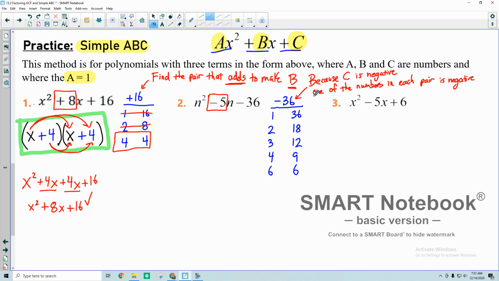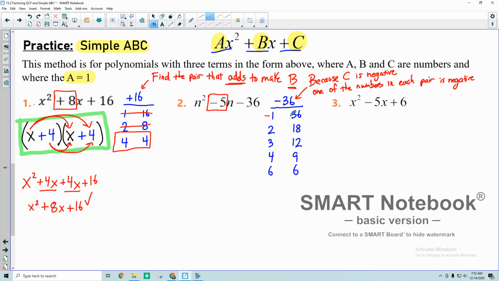Okay, well, what does that mean? Well, if I think about it like this, 1 times 36, that makes positive 36. But if one of the numbers, just one of these numbers, like let's say 1 was negative, then that's going to multiply to make negative 36, right?